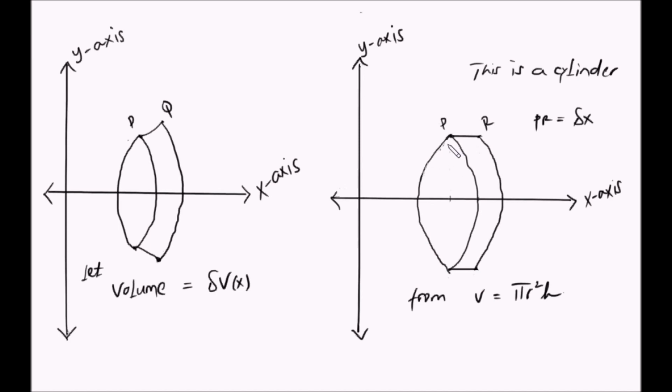And PN, from here up to here, is y. So this is y, while this is delta x. So the volume of this cylinder, where this is the radius and this is the height, will be pi y squared delta x.